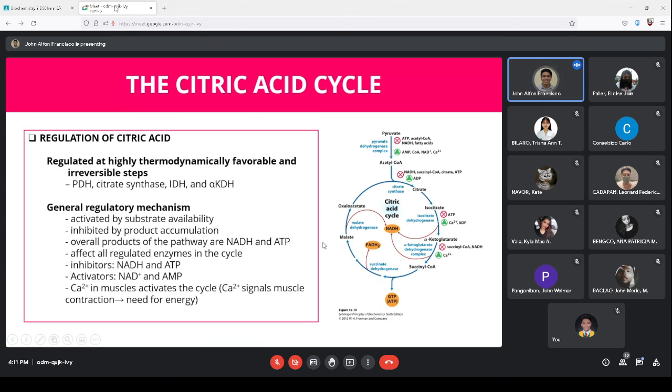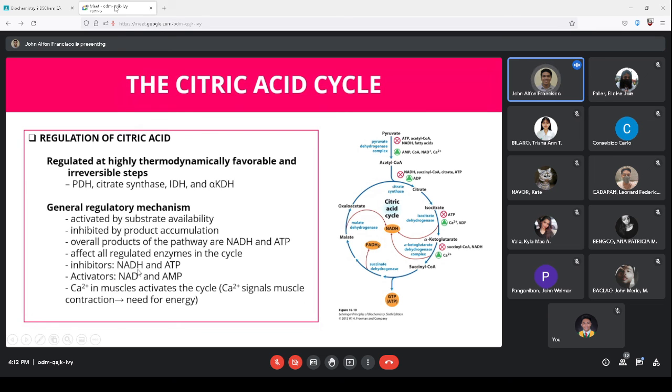Since ito ay cycle, initially yung mga kaya nating i-regulate ay yung mga starting reactions, from reaction 1 to 3 and 4. Reactions 1, 3, 4, you can easily regulate the reaction, and you can easily stop the cycle. Inhibitors natin dito is NADH and ATP, and NAD plus and AMP.